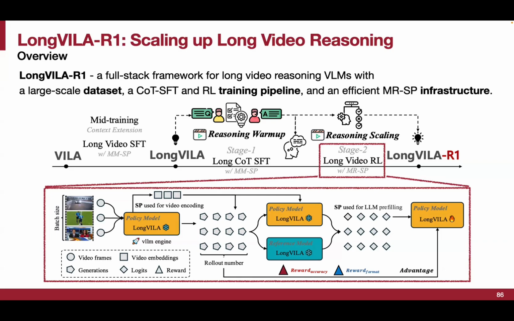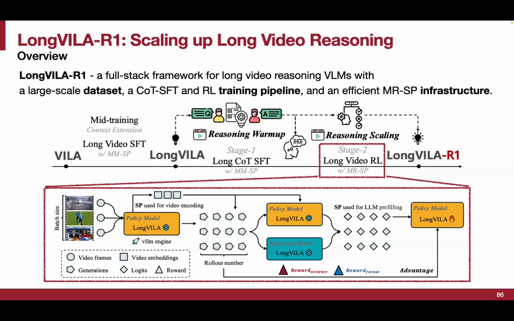We actually have 4 models here. You can see we have a policy, the LongVILA model, which is frozen to give the policy, and then we want to have a reference model which is frozen, and also a model under training, which is right here, and we do the rollout for different sequences.